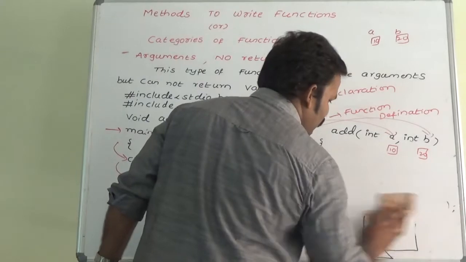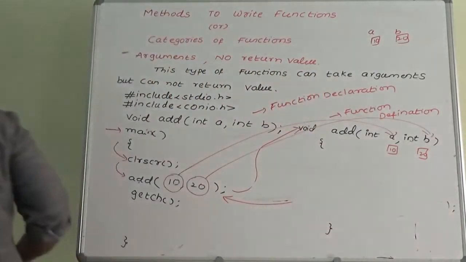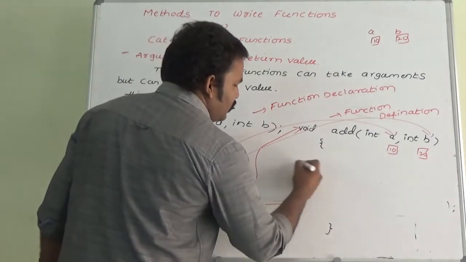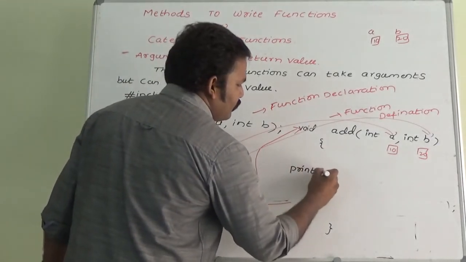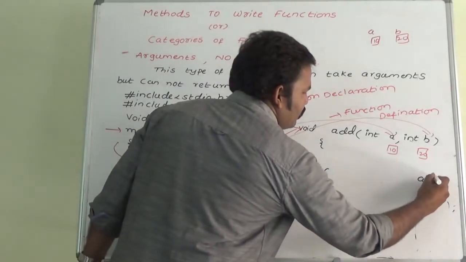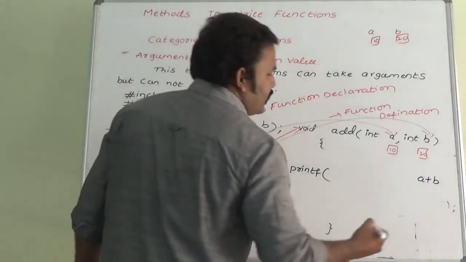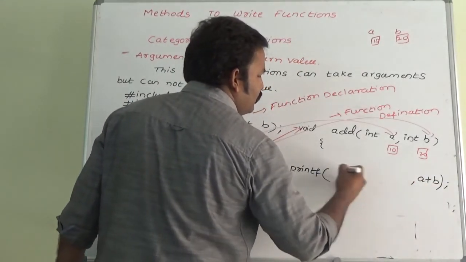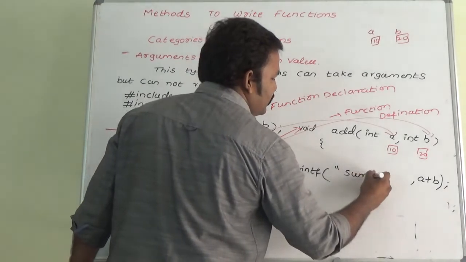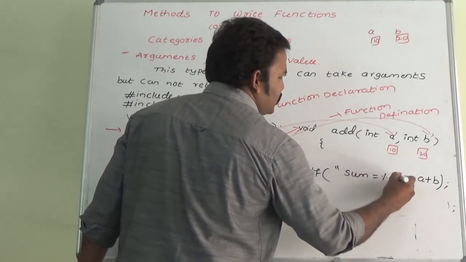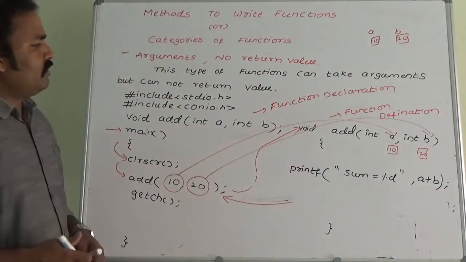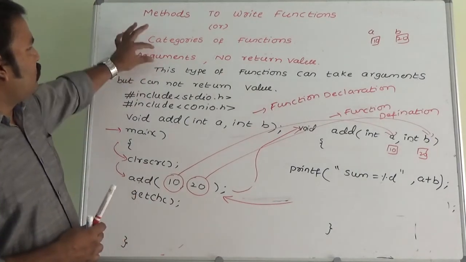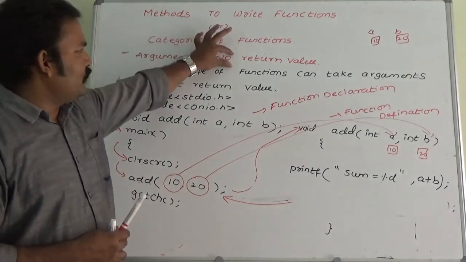It is better to reduce the number of lines to improve the speed of execution. Directly in the printf function I am performing the addition operation a plus b and printing the result: sum is equal to %d. Instead of writing three statements, we can write it like this also.